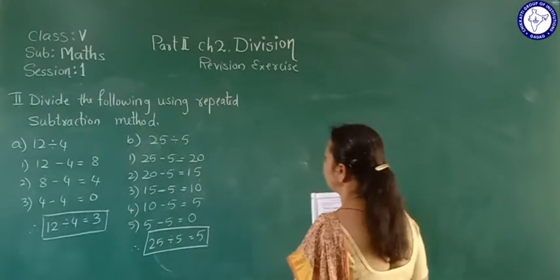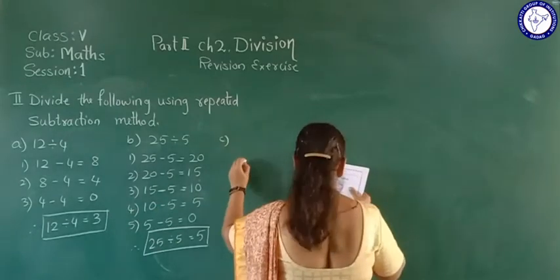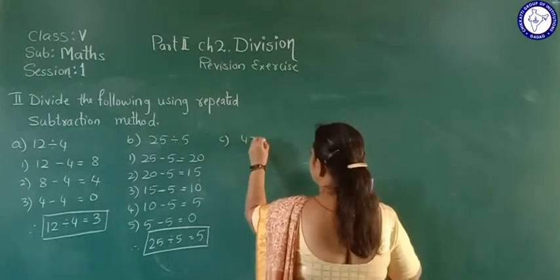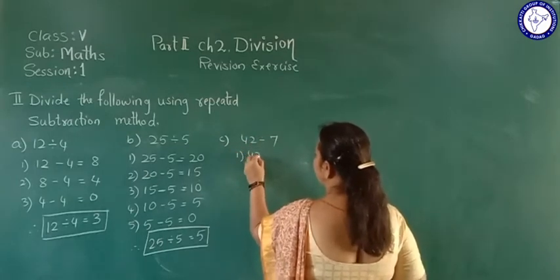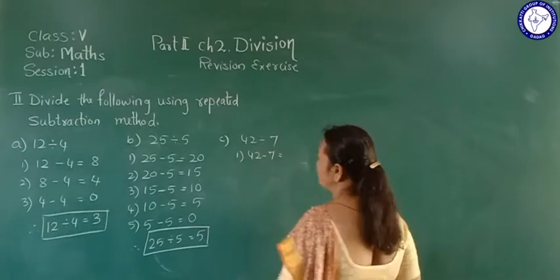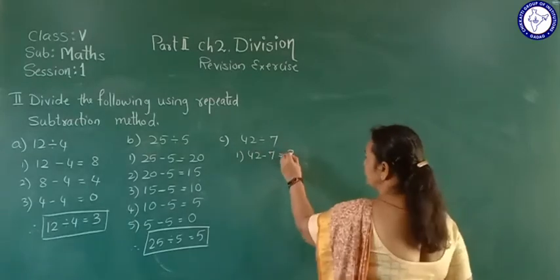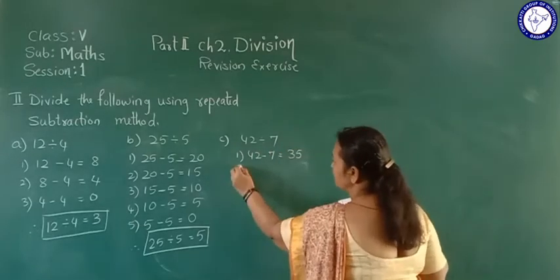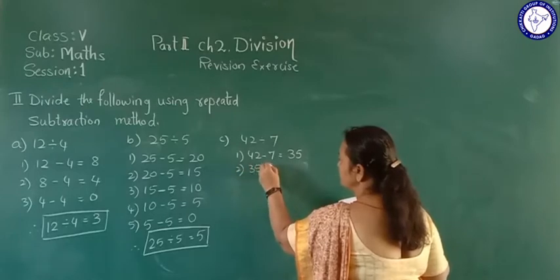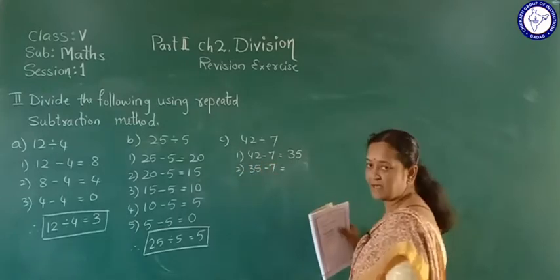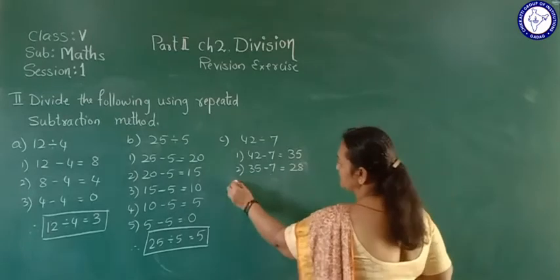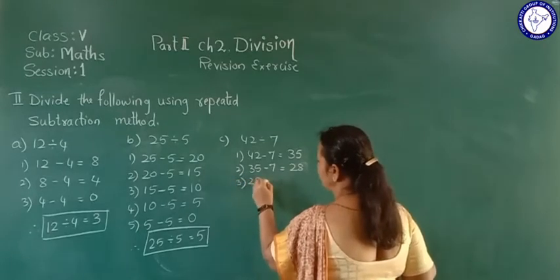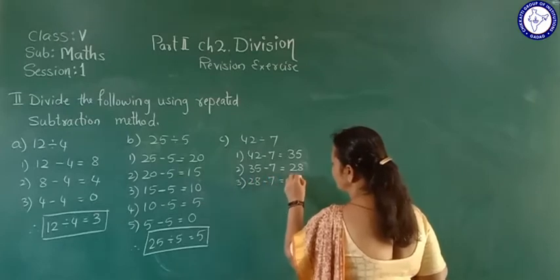Okay, then let me go to C question. Here, C question is 42 divided by 7. So here, first step, 42 minus 7 is 35. Then second one, 35 minus 7 is 28. Then third step, 28 minus 7 is 21.